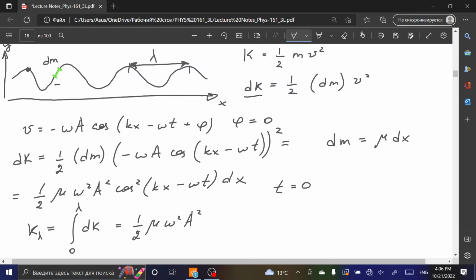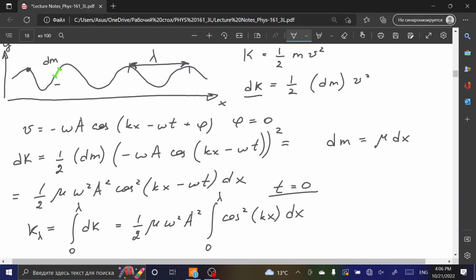Then we have the integral from 0 to lambda of cosine squared(kx) dx. So we determine the total kinetic energy per wavelength of the wave traveling along a string at a given moment of time, which we choose to be t equals 0.